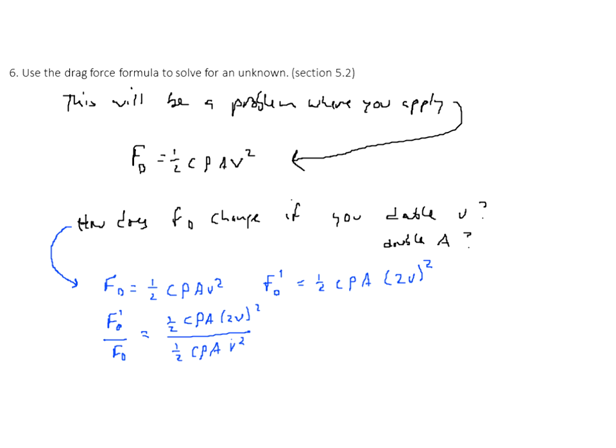So we've got a lot of things that are going to cancel. So both the top and the bottom have the half. This is just a constant. If we're talking about the same fluid from trial 1 to trial 2, that's a constant. If we haven't changed that, that's a constant. So V squared divided by V squared. So we end up with two squared over 1, or 4. So if we double V, the force increases by a factor of 4.